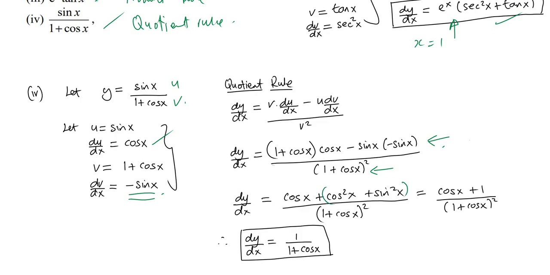And so we've got 1 plus cos x on the top and 1 plus cos x squared on the bottom. So we can cancel one of them, and so we just get 1 over 1 plus cos x.